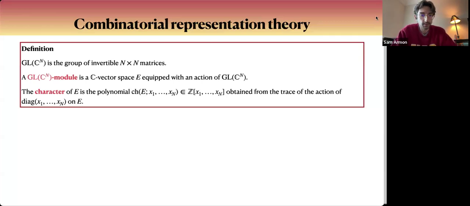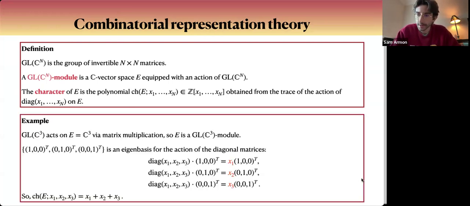The idea is we look at how the diagonal matrices act. When we restrict the action of GLN just to the diagonal matrices, we look at how this acts on our vector space. And from the trace of this action, we associate a certain polynomial called the character and denoted with a lowercase ch.